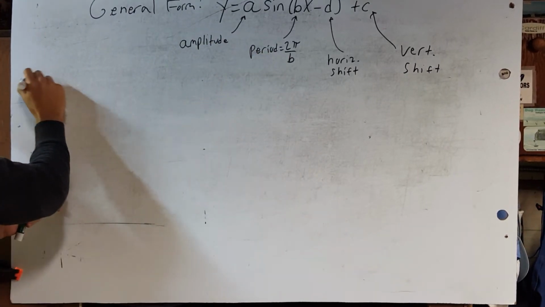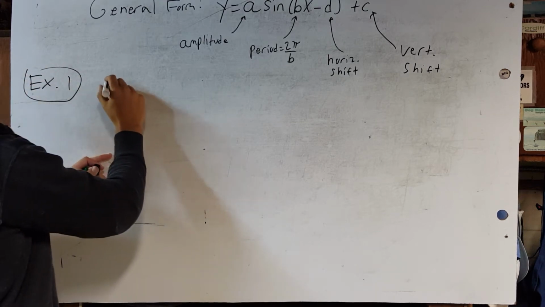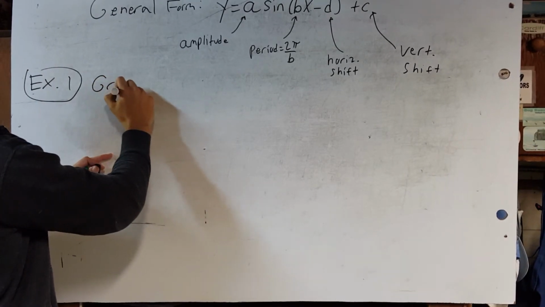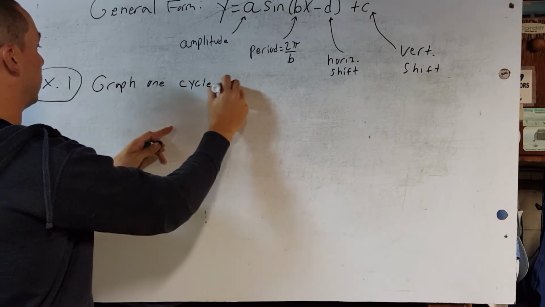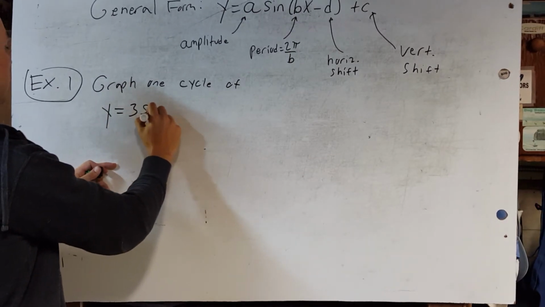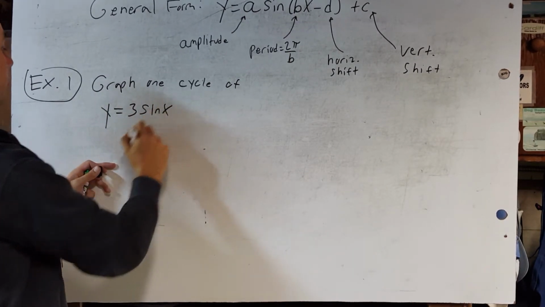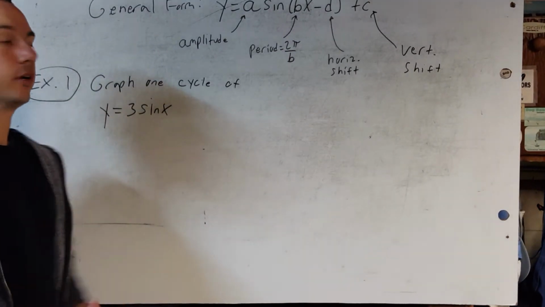So, first example, we want to graph one cycle of y equals 3 sine x, or 3 times sine of x. One cycle meaning we're going to graph one period.